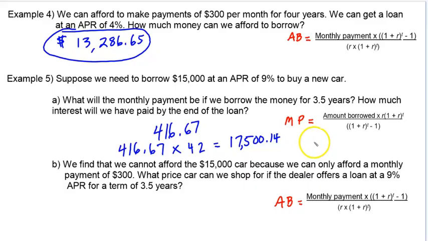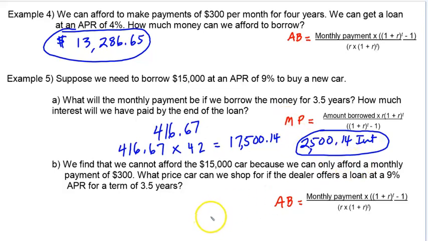So the interest amount on the loan would be $2,500.14. So anytime they ask for how much interest has been paid, take the monthly payment times the number of months total in the term, and then whatever that product is, you'll subtract from that the amount that you borrowed.